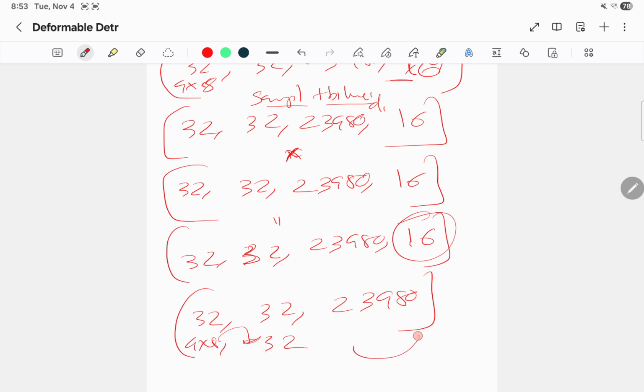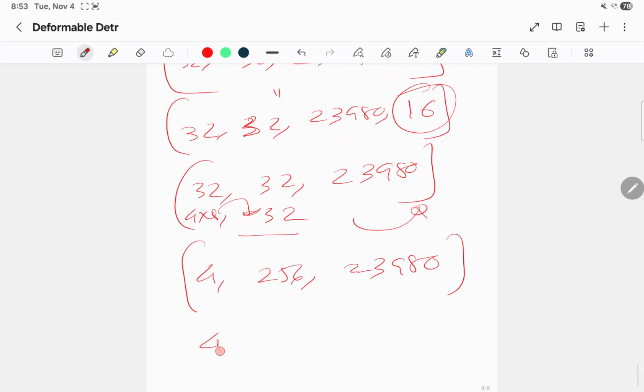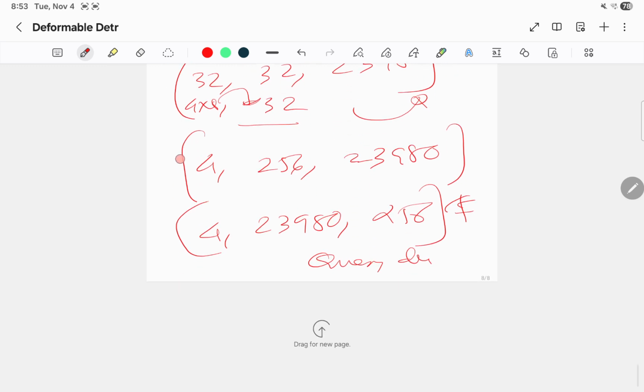You bring it here, you bring it here, this becomes 8 into 32, which is 256. It becomes 256 by 23980. When you resample, you get 23980 by 256, which is the same dimension as the query dimension, which is what we want out of an attention layer, right?